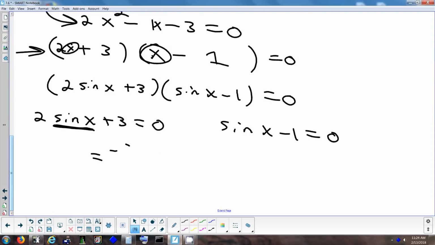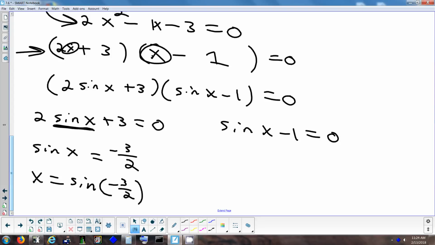Divide it. So I get minus 3 divided by 2. Now I have to get rid of sine. How would I get rid of sine? Inverse. So the answer is the inverse sine of negative 3 over 2.